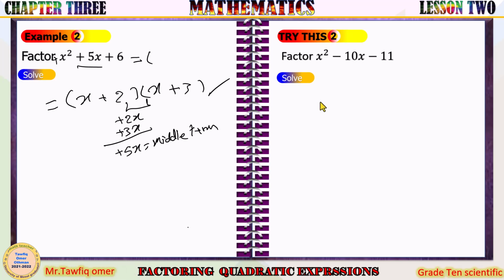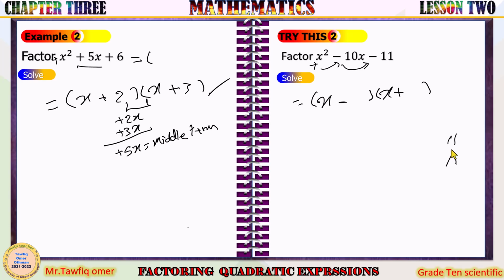For this example, open two brackets. After that, plus times minus is minus, minus times minus is plus, x x. And now for 11, we must search for two numbers.